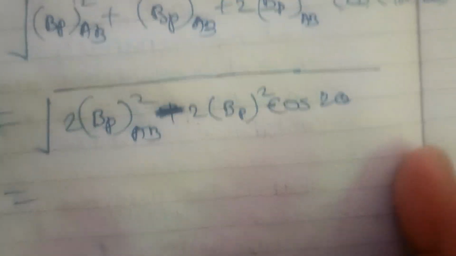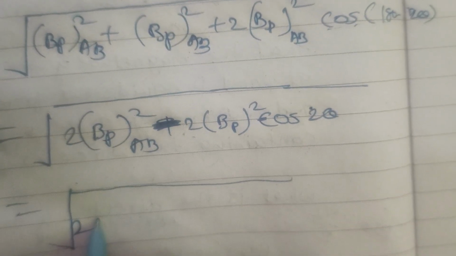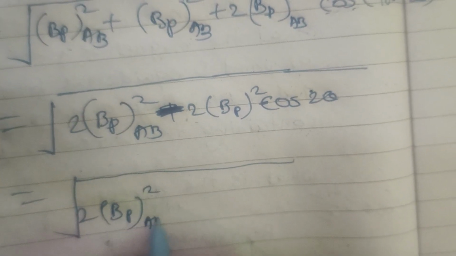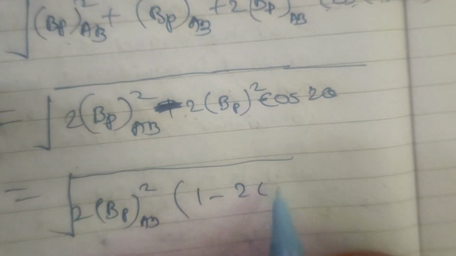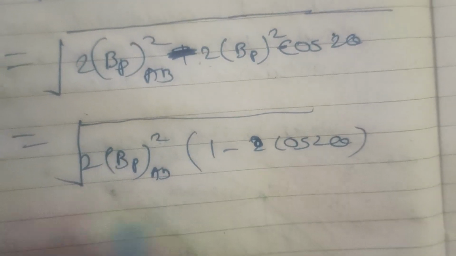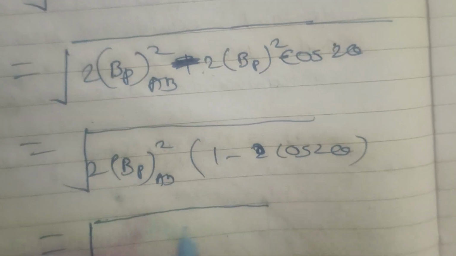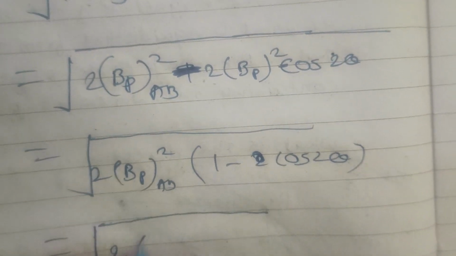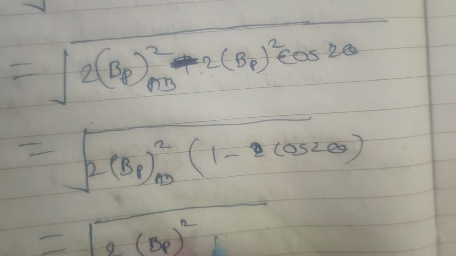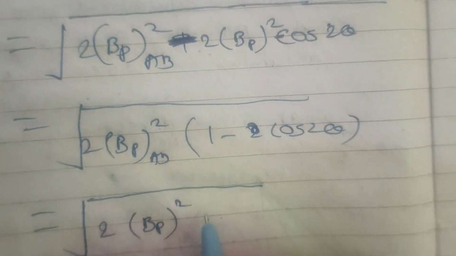Now we take common 2 times the magnetic field at P due to AB squared, in bracket 1 minus cos 2θ. It equals the square root of 2 times B_P squared and 1 minus cos 2θ, which can be written as 2 sin²θ.